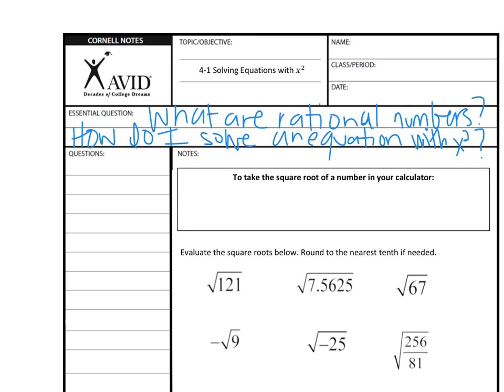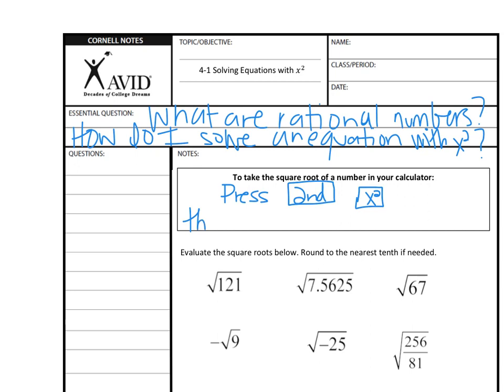So to find the square root of a number in our calculator, the buttons we will press: we're going to press the button that says second. It is blue in the top left corner. Then we're going to push the button on the left side that says x squared, because you can see right above that button is the square root symbol.